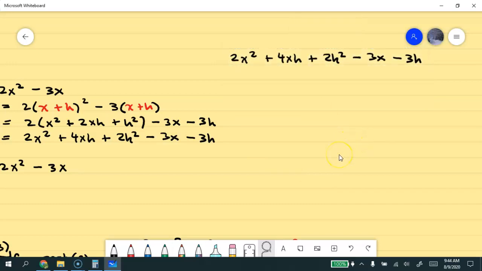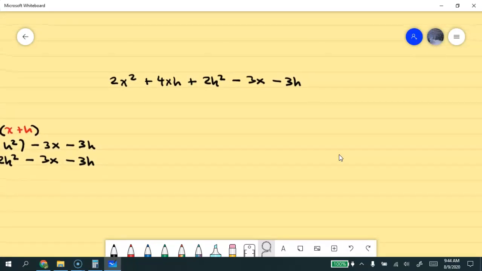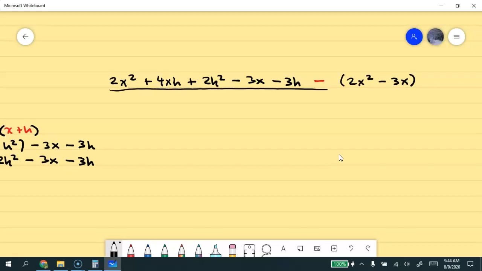All right, so that's what we had from step number 1. And then from step number 2, I'm just going to go ahead and write it just to save some time here, we're subtracting, actually, again, I think it might make more sense to put it in red. So we're subtracting what we got from f of x, and f of x was 2x squared minus 3x, like that. And the whole thing is being divided by h. So let me divide the whole thing by h.